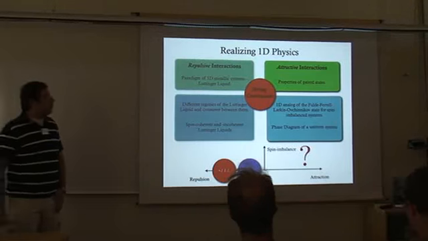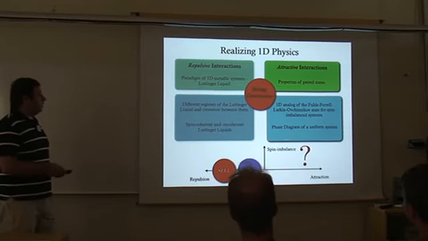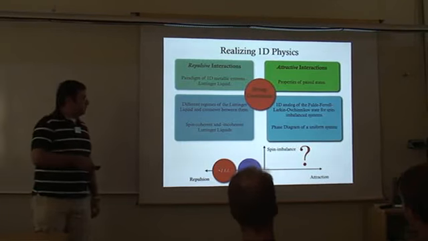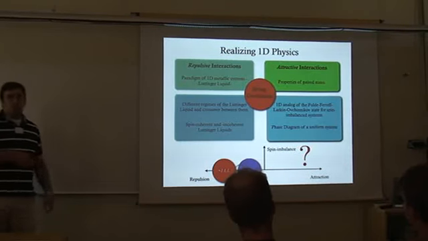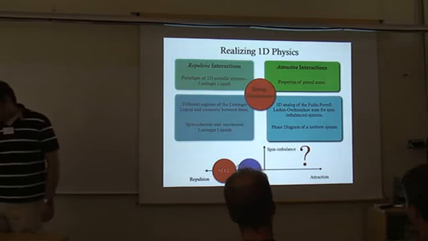positive interactions. So what about the attractive case? What I'm interested in is how attraction plus spin imbalance behave, because in the case we described before, it was a spin-balanced situation.